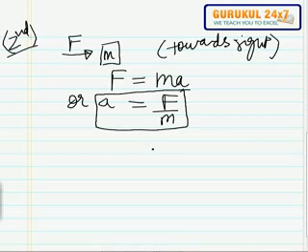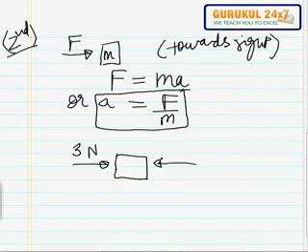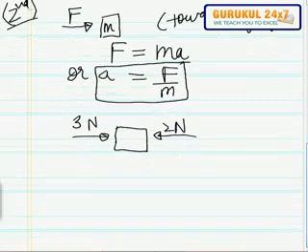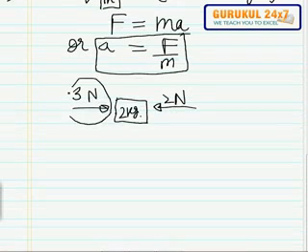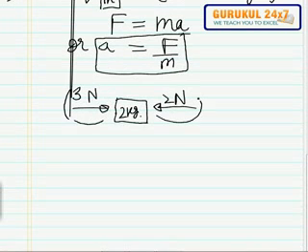Let us take an example of this. Let us say you have an object and there are two forces acting on it. Here's a 3 Newton force, here's a 2 Newton force. Now I need to find out the acceleration of this block if the mass is given to be 2 kilograms. How to do it? First of all, you find out the net external force. 3 Newton is acting towards the right, 2 Newton is acting towards the left.